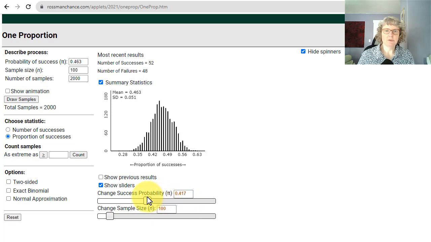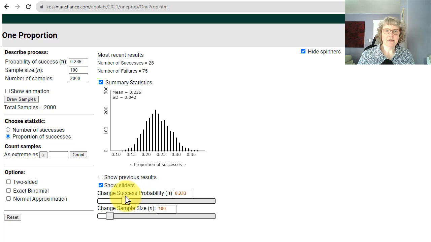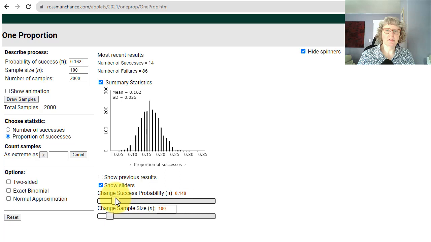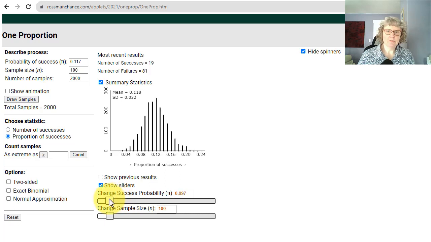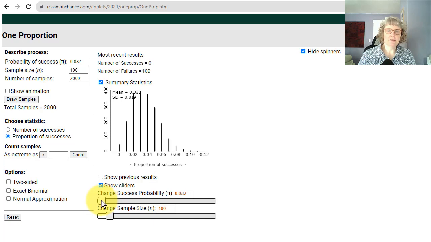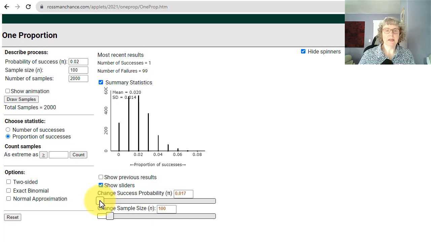It takes a little time to adjust the graph because it's calculating all 2,000 simulations again. Now I'm down to 0.2. You can also see the values are shifting at the bottom, but I'm mostly looking for the shape right now. When I get really low, then it is now skewed to the right.